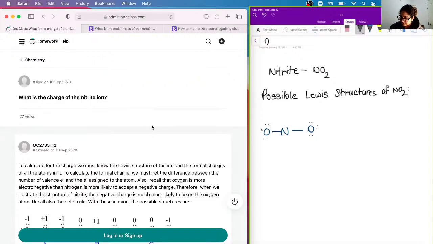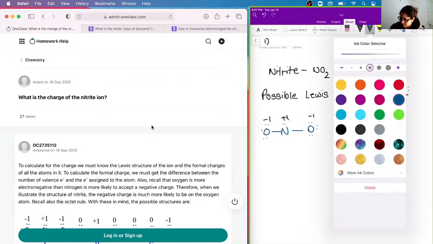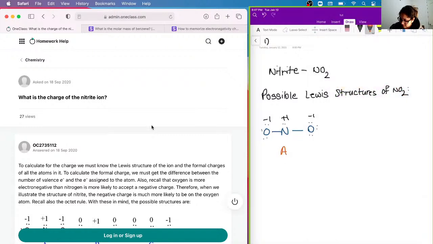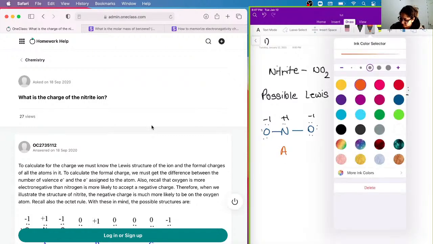Nitrogen will also have a pair. Okay, and in this case, oxygen has a charge of -1, -1, and +1, right? Since the charge of nitrite is -1, we know that -1 and +1 will cancel out, and we still have a negative charge. Okay, so let's say this is structure A.